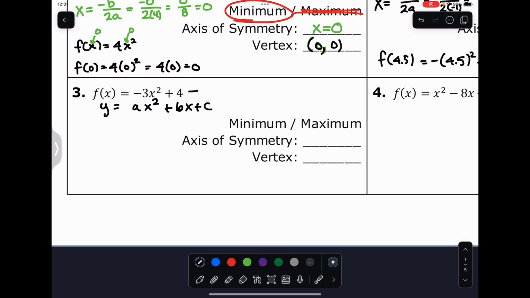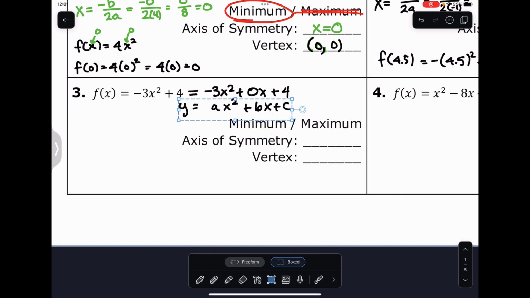So this equation technically is negative 3x squared plus 0x plus 4. So that means that the value of a is negative 3, the value of b is 0, and the value of c is positive 4.